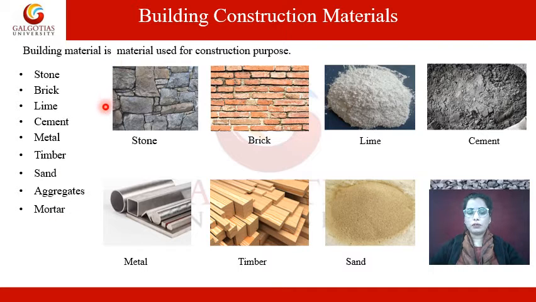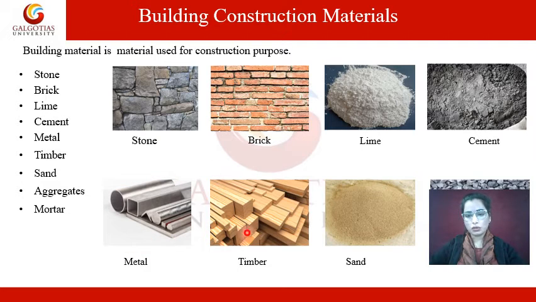Here are given some different types of materials: stone, brick, lime, cement, metal, sand, aggregate, mortar and so on. In the first image you can see stone. Stone is a naturally available material, and for example, artificial material is brick, which is man-made. Lime, next is cement. Metal is again an artificial material.